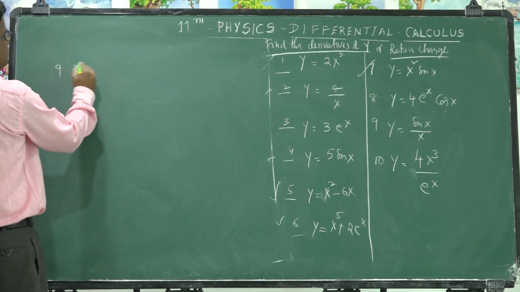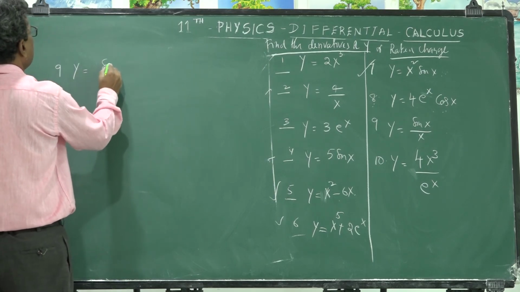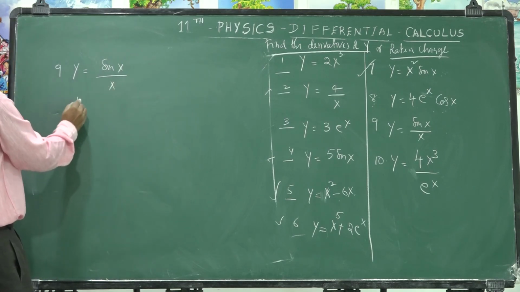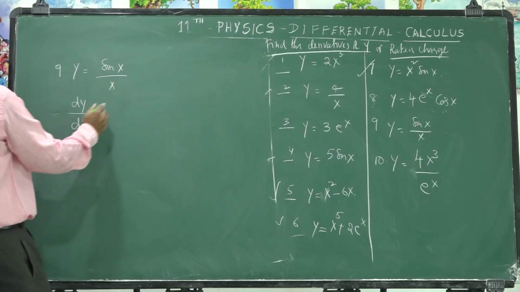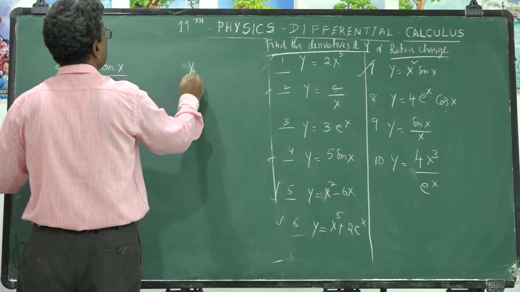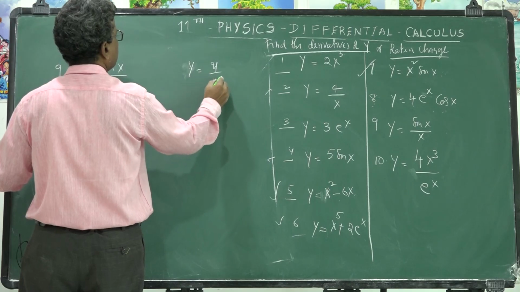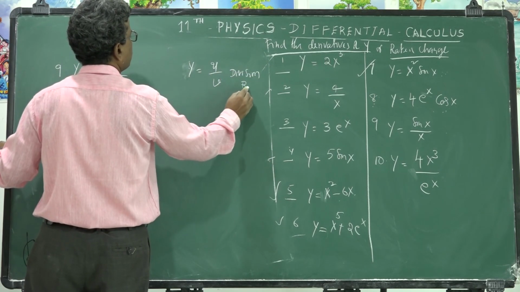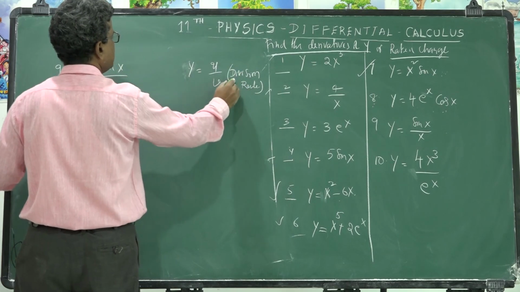So the ninth one, y is equal to sin x by x. So for dy by dx, y is a function of u by v, so you use the division rule. What does this division rule say?